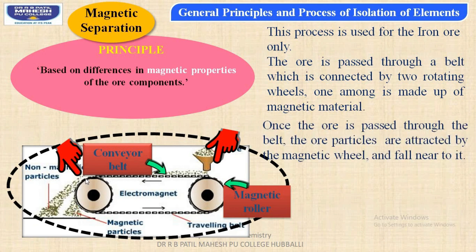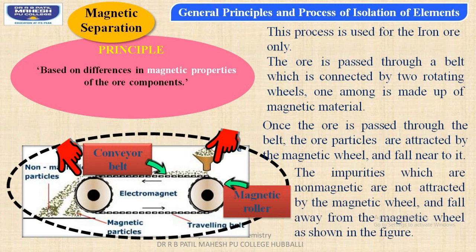Once the ore is passed through the belt, only the ore particles, students, are attracted by the magnetic wheel and fall exactly near to it, whereas the impurities that are non-magnetic particles, which are not attracted by the same magnetic wheel, fall relatively away from the magnetic particles, which can be easily observed from this diagram.